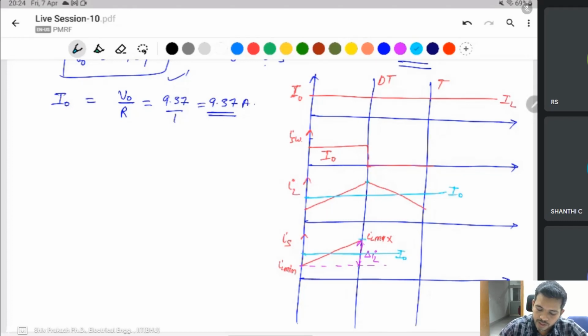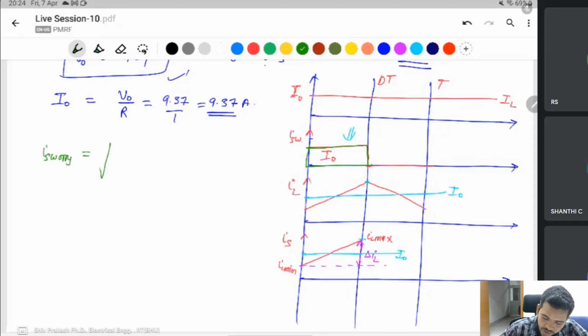If you calculate the RMS switch current from here, you can calculate it easily by applying the formula of a square wave. This is the same as a square wave current. Then what is the RMS switch current?